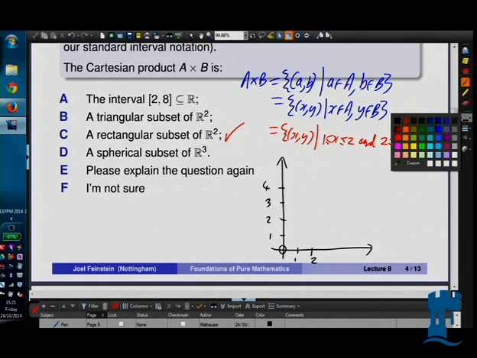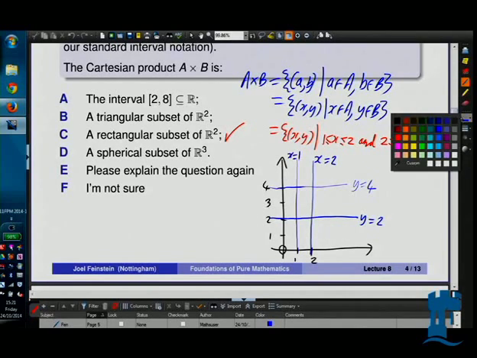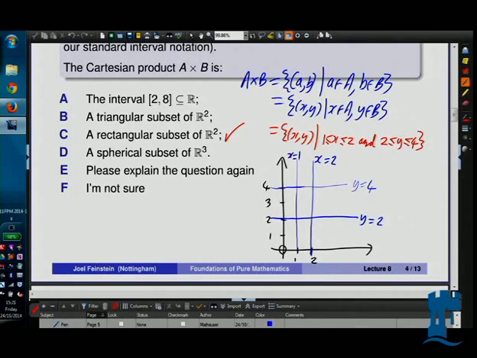Okay, I'll put some guidelines in. These guidelines are not in the set. This is Y equals 4. That's Y equals 2. This is X equals 2. This is X equals 1. And the region we want is right in the middle of those.